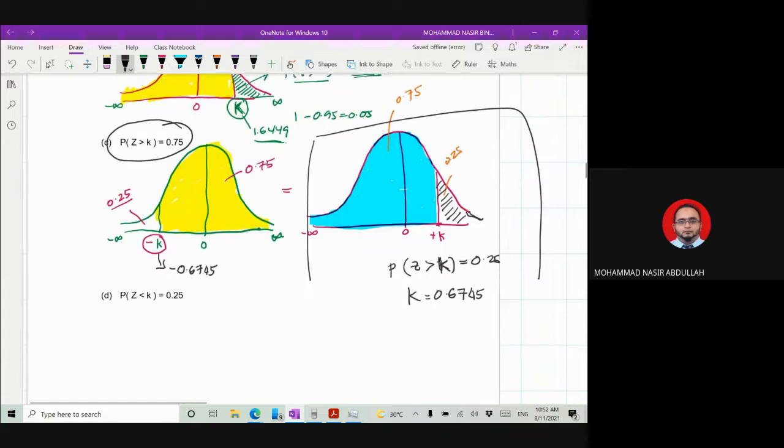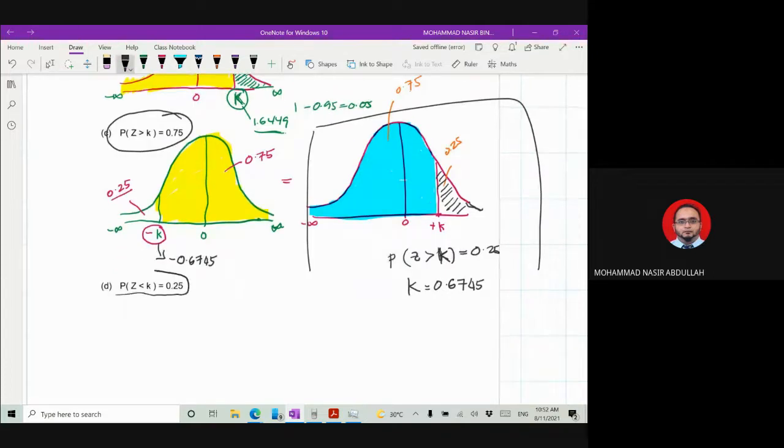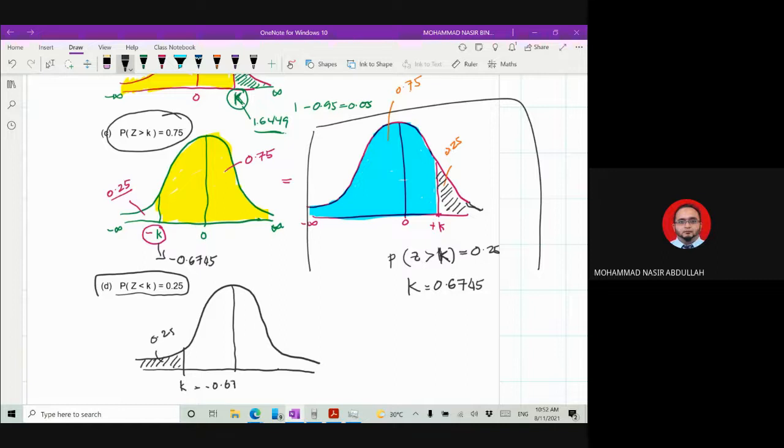So this example is still the same as the previous example. If we convert here, this area, Z less than K is 0.25. So K should be negative 0.6745. It is the same thing. So it is just some manipulation to confuse you. Okay, can?